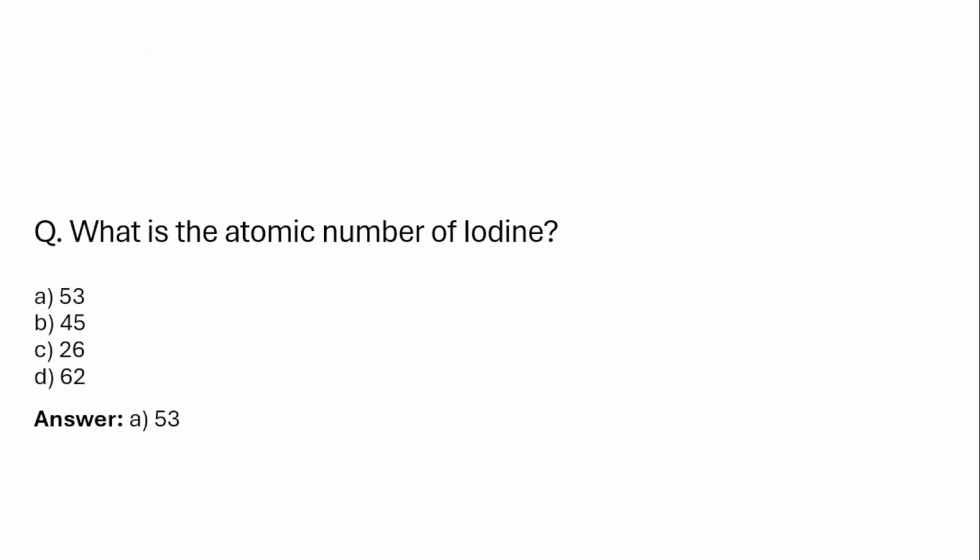Another important question which can be asked in an RSO written examination is the atomic number of iodine, which is 53.